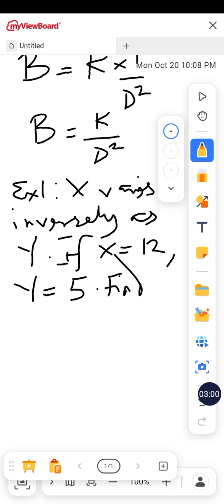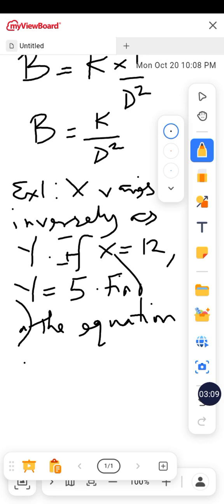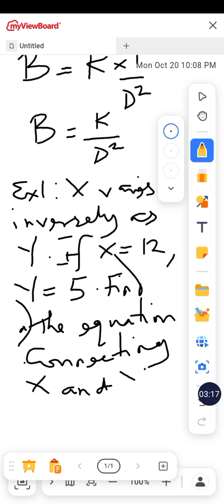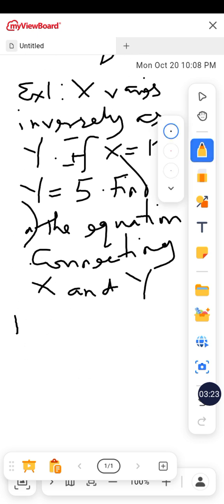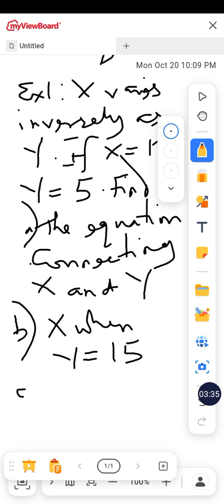Find a, the equation connecting x and y. The second part says find x when y is 15. And number 6 says find y when x is equal to 24.